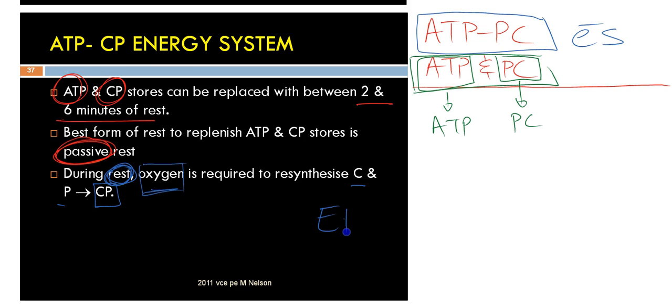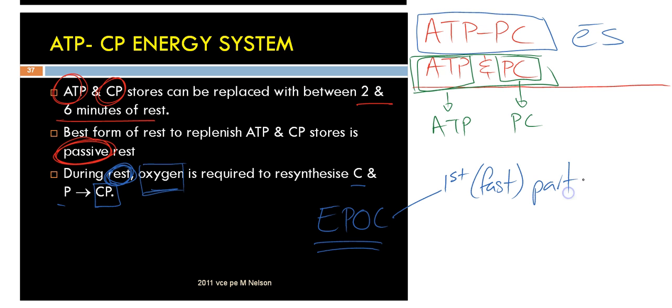This is in fact the first part, or the fast part, of EPOC, excess post-exercise oxygen consumption. So the reason why initially we need a greater amount of oxygen to be consumed during rest when we're recovering is to replenish our muscular stores of creatine, phosphate, and ATP.